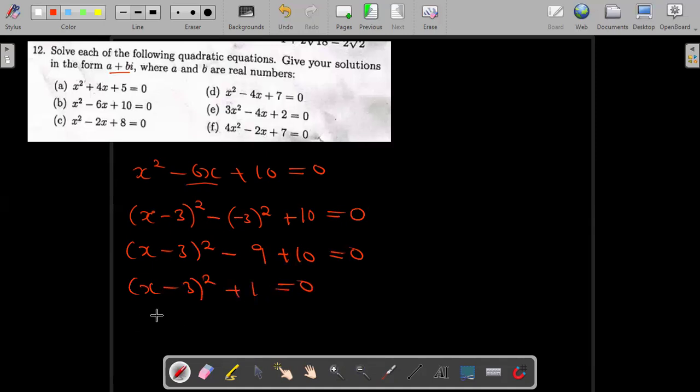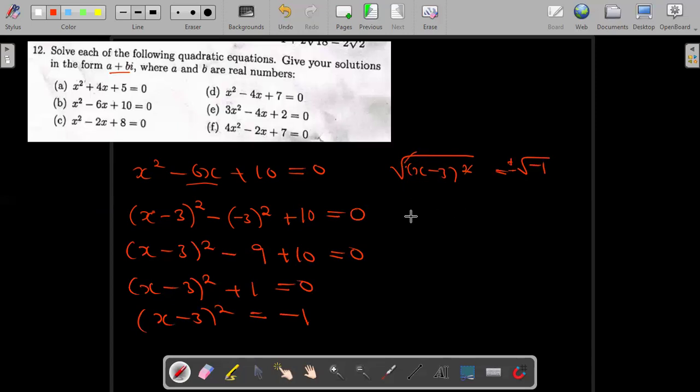And then you say x minus 3 squared is equal to, the 1 goes to the other side, you get -1. Introduce the square root on both sides. So you introduce the square root there, where you have x minus 3 squared, and you introduce it on the other side, where there's -1. This cancels with that. So you say plus minus.